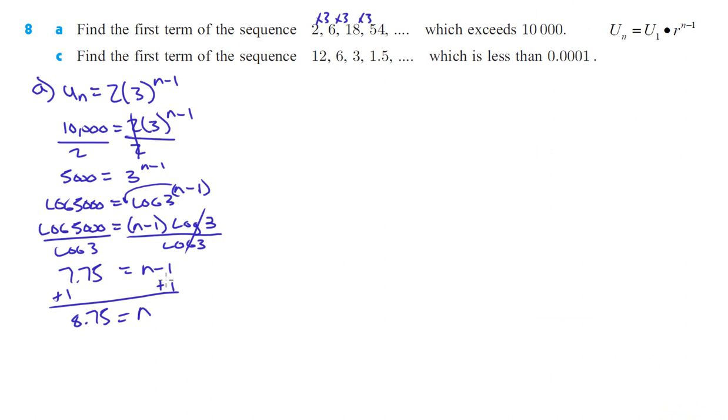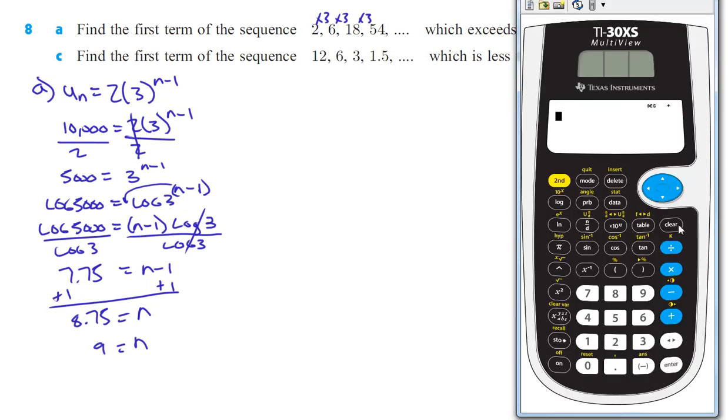There's obviously no such thing as the 8.75 term, so we want to make sure this is bigger than 10,000. We'd want to go to the bigger term, since this is a positive number. Since this number is greater than 1, that means this is growing, so our n should be 9.